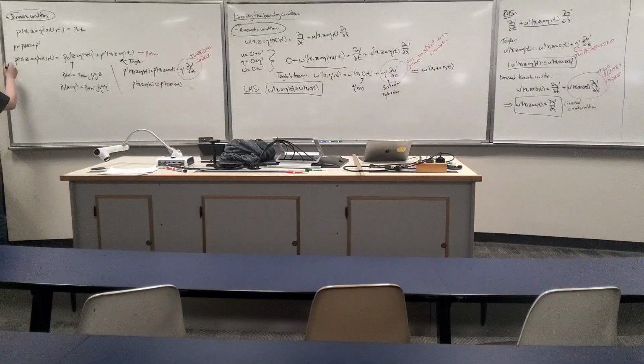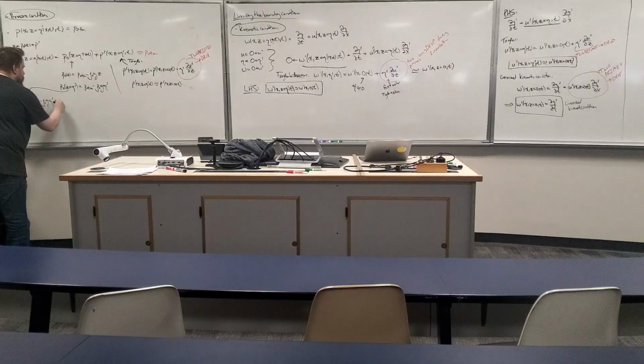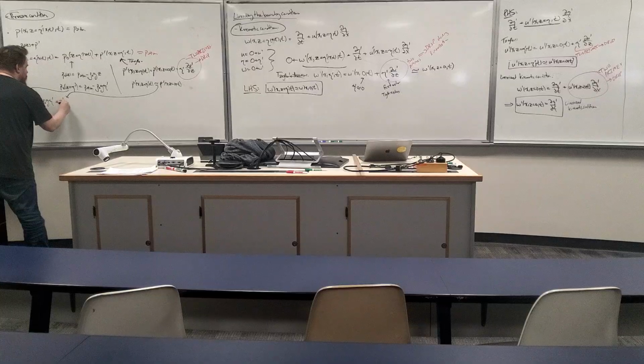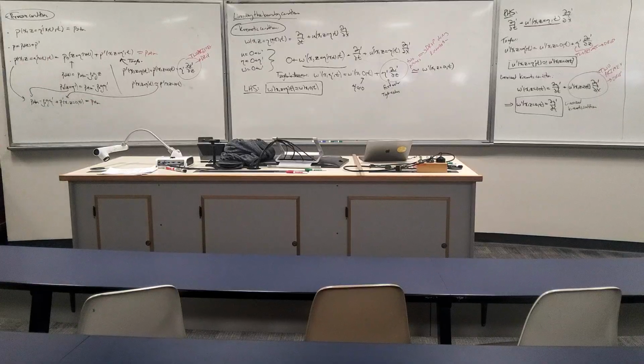Rewriting this now, we get two terms: P atmospheric minus rho naught g eta prime, plus P prime of x, z equals 0, t, equals P atmospheric.